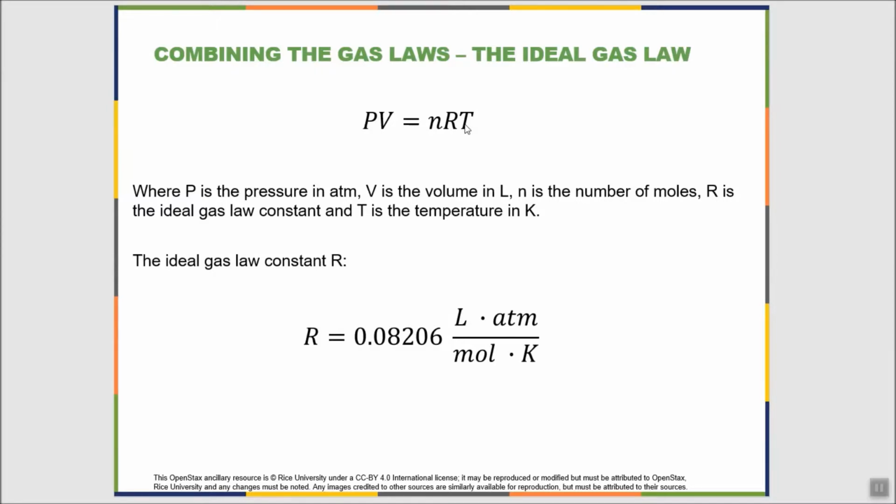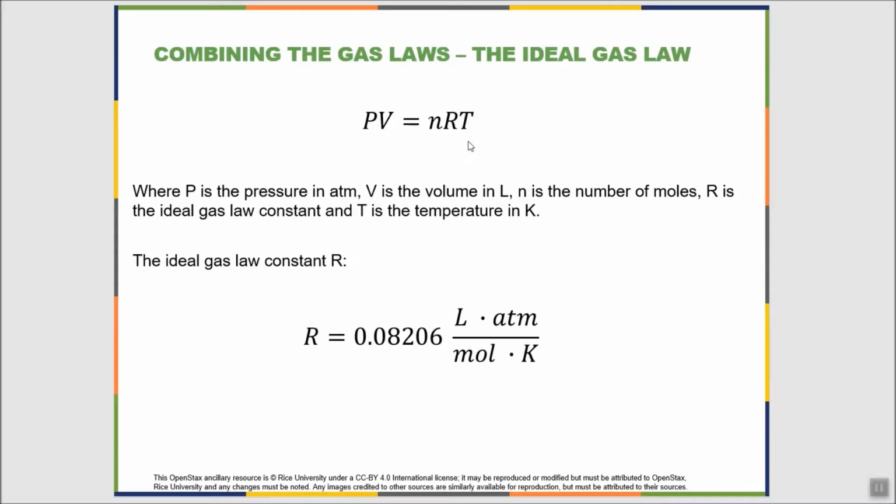The temperature has to be in Kelvin. In all of the previous examples that we've looked at, the units for pressure and volume didn't really matter. The unit for moles is just moles. But in the ideal gas law, the units do matter.